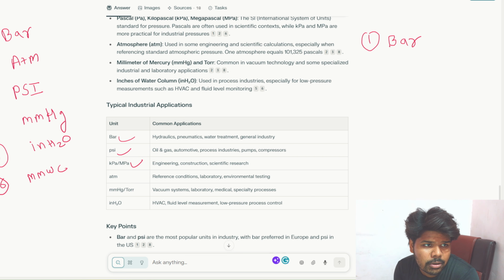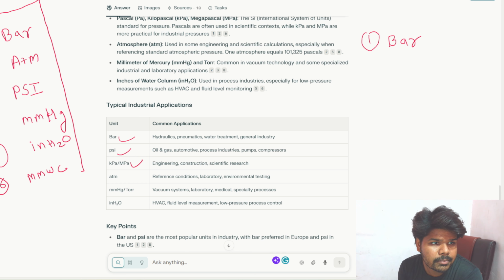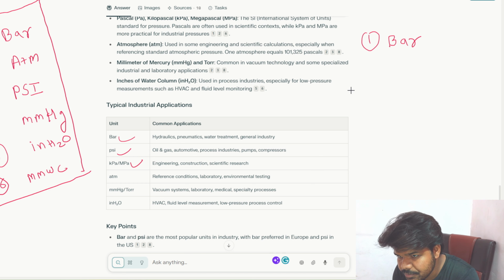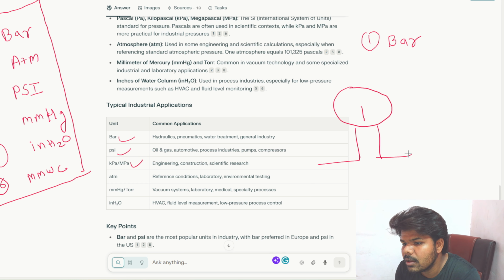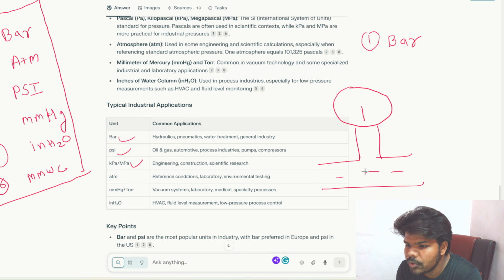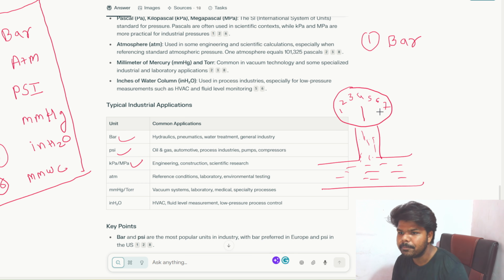So these kinds of units, when you go to the industry, there is a gauge. Like there is a gauge that will show you, इसमें कोई फ्लो करेगा like that. So that fluid will indicate 1 2 3 4 5 6 7 like that.